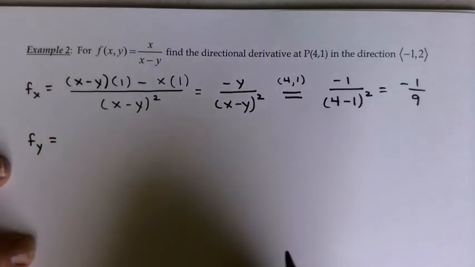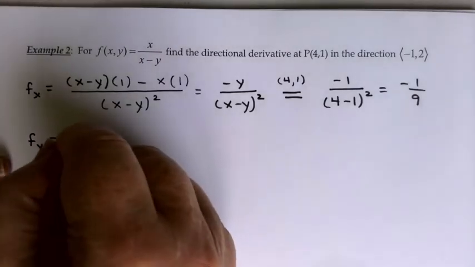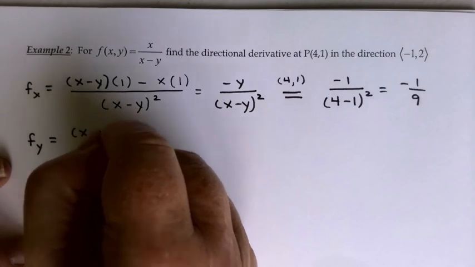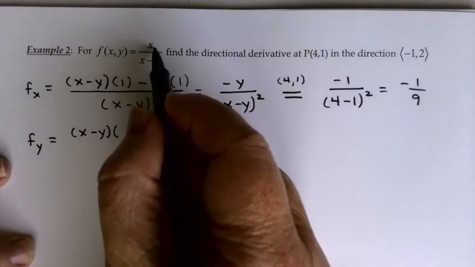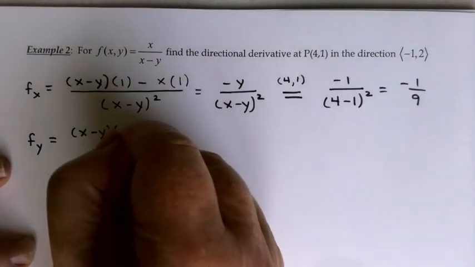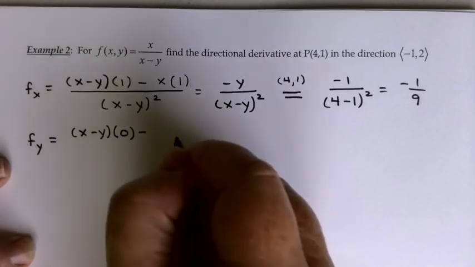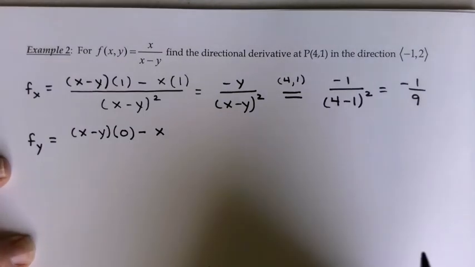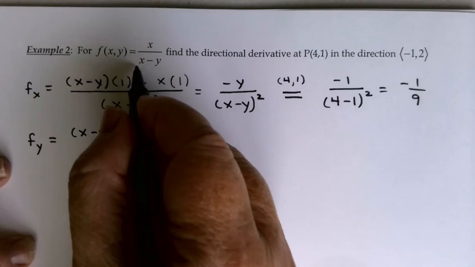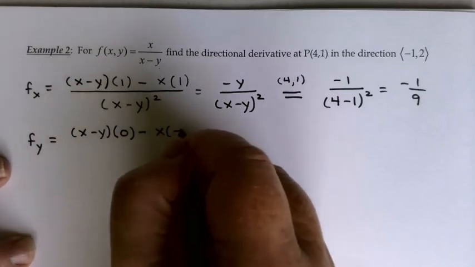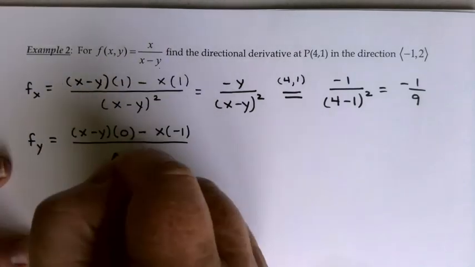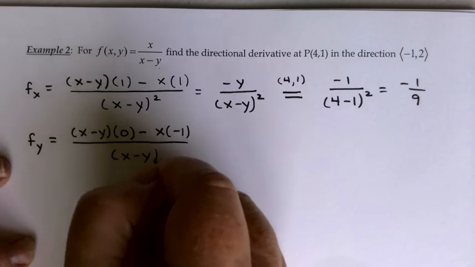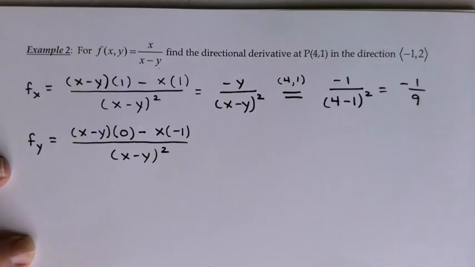F sub y, quotient rule again, I'll take the denominator times the derivative of x with respect to y, which would be 0, minus the numerator times the derivative of the denominator with respect to y, which would be negative 1, over x minus y squared.